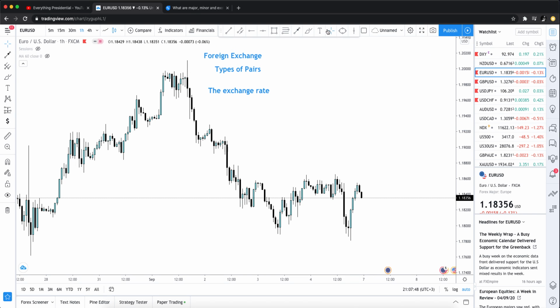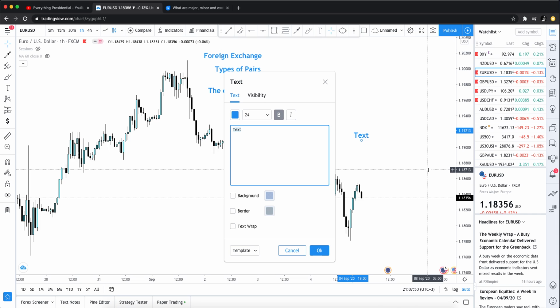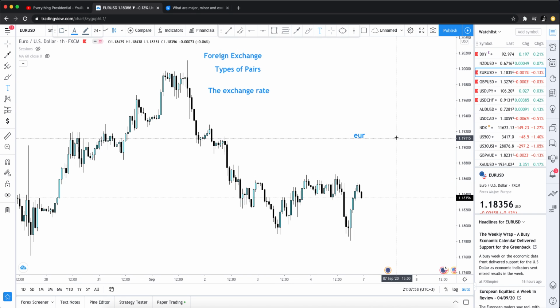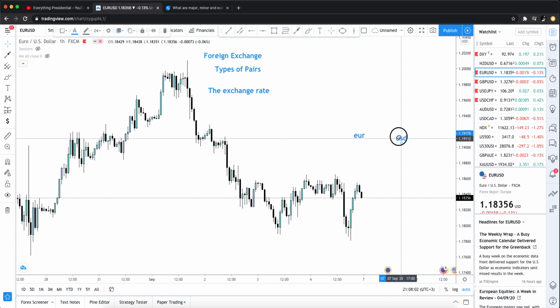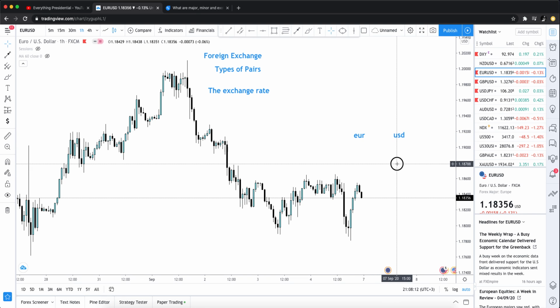So when you see a pair, for example, euro and then USD, the first currency of a pair is called the base currency, and the second currency of the pair is called the quote currency, okay? So basically when you see euro USD, you are buying the euro and you are selling the US dollar.